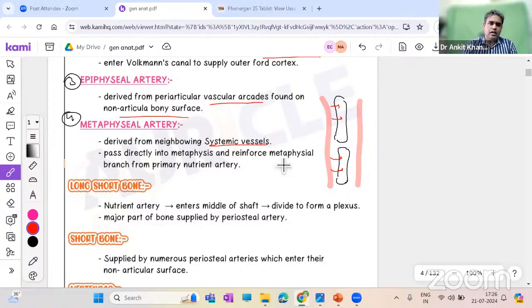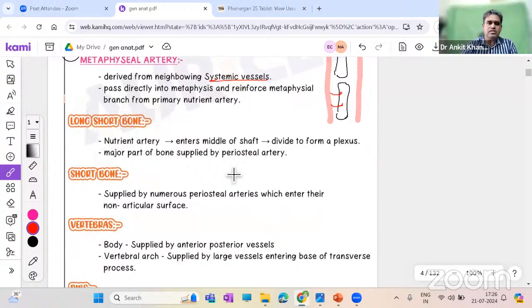Long short bone: the nutrient artery enters in the middle of the shaft and divides into a plexus, with the major part of the bone supplied by the periosteal artery. So in a long short bone, for example metacarpals and metatarsals, it is mainly the periosteal artery, because every small bone will not have a specific nutrient artery.